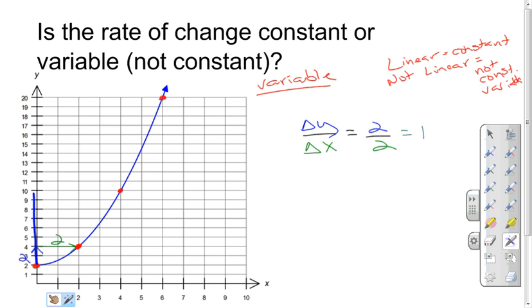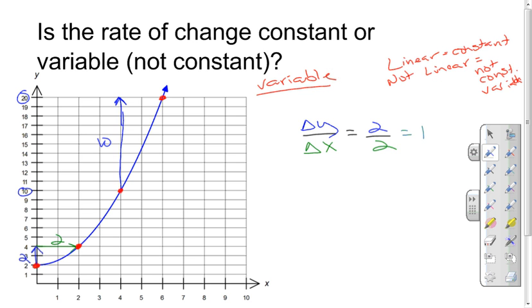Now, I could look at any other combination of points I want. I could look at this rate of change, or this rate of change. Sorry, I'm drawing quickly here. Or this rate of change, anything I wanted. So I think I will just look from here. I'm going to go from 10 up to 20. That means my delta y is 10.